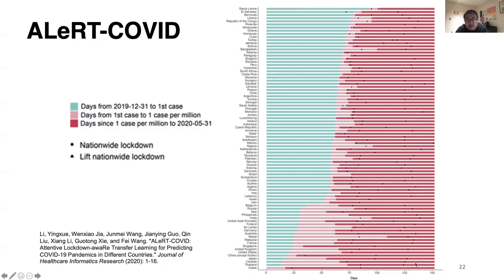The coordinate on the horizontal axis of the black dot means the days from the starting point to the starting date of the lockdown measure, and the coordinate of the black triangle means the days from the starting date to the end date of the lockdown measure.